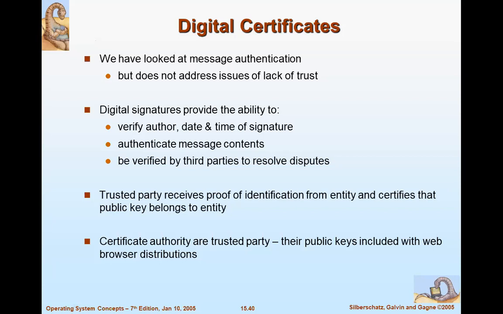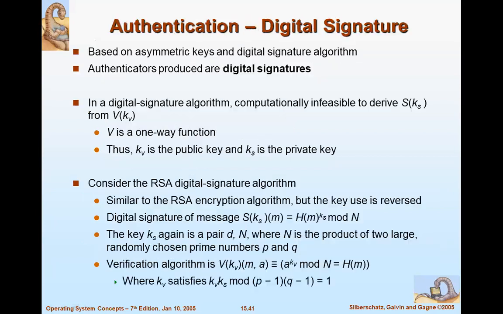The certificate authorities are the trusted party, and their public keys are included with web browser distribution as well. And you can see over here that the same asymmetric keys, digital signature algorithms, and authenticators are used over here. And they also have the same signature.